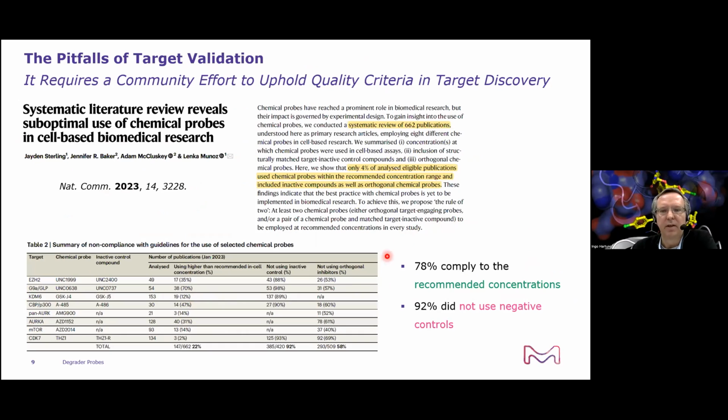And what was, I think, a very positive finding is that in about 80% of the cases, the studies actually comply with, for example, recommended concentration ranges. With these probes, there's always a recommendation on how to use them, and most of these studies, although there are some outliers, are following these recommendations. What I have to say left me a bit speechless is that at the same time, essentially no one is using the available negative controls.